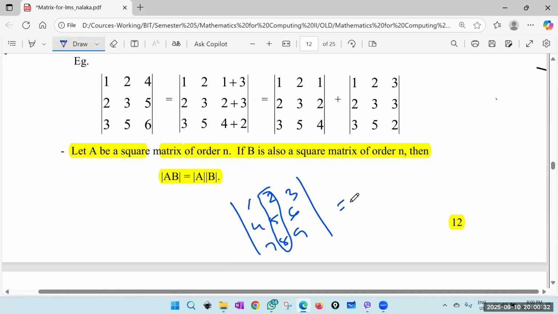Then you write each entry as a summation of any numbers, positive or negative, but when you simplify it, you must get 2, 5, and 8. It's up to you to decide anything, but after simplifying, you must get the value.